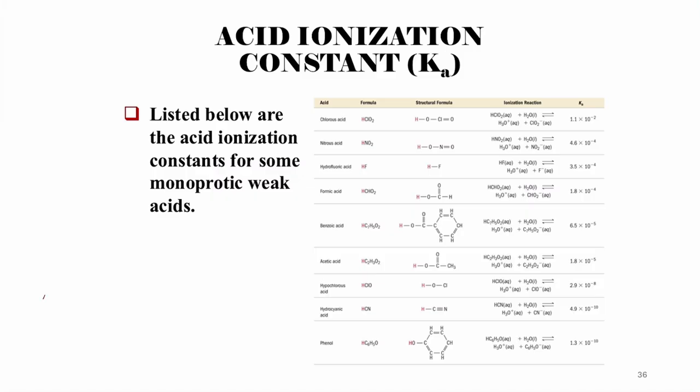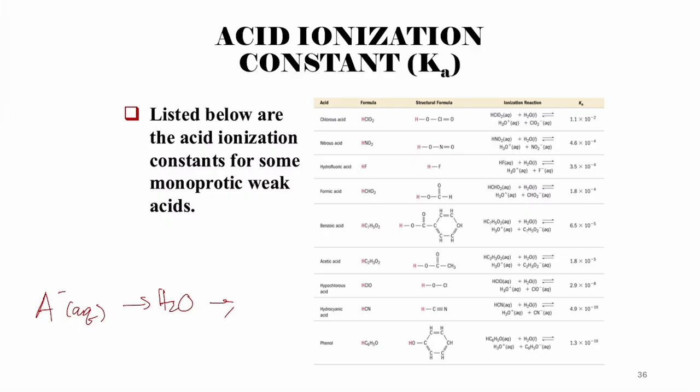Alright, if we just put A minus into water, what's that going to act like, you think? It'll then act as a proton acceptor, so it's going to act as a base, right?